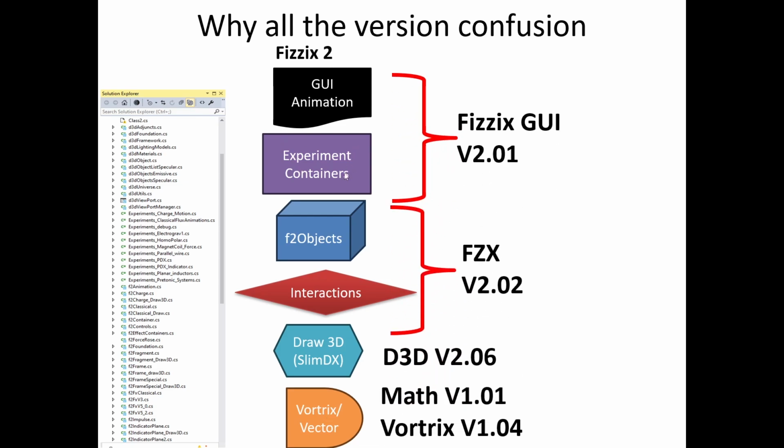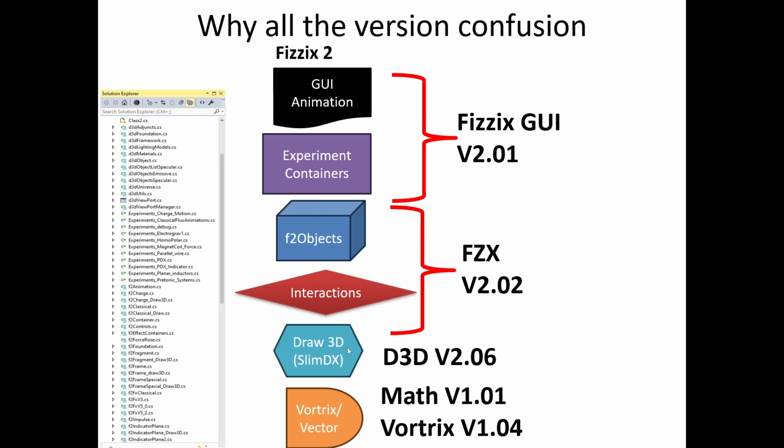Therefore, we're calling this now the Fizzix 2 GUI, and it has this version number. The library for the Fizzix 2 objects and the interactions is FZX version 2.02.